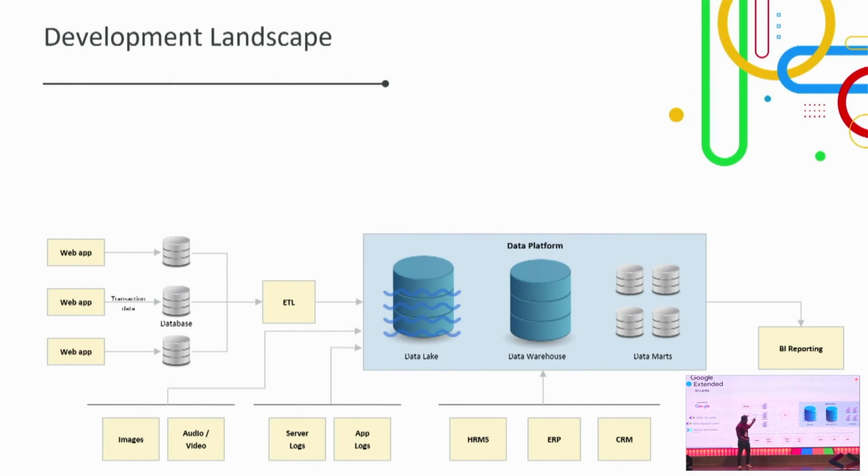So collectively, my data lake, data warehouse, and data marts form my entire data platform. Okay? If you look at any recent enterprise-grade applications, they would have this kind of data platform, which consists of lakes, data warehouses, data marts, everything employed.